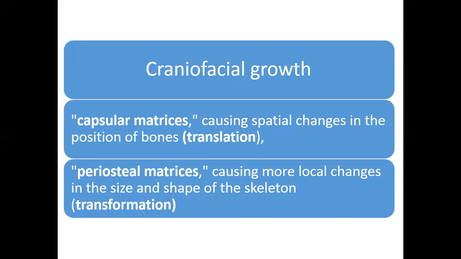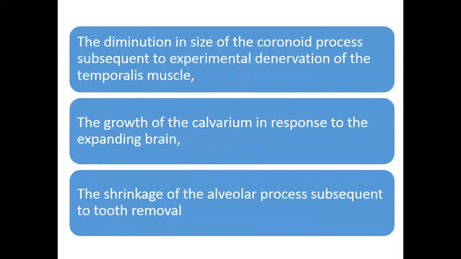Periosteal matrix will have a direct effect on the skeletal units, thereby producing secondary compensatory transformation in size and shape of the skeletal unit, whereas capsular matrices produce a secondary compensatory translation in size and shape of the skeletal unit as a result of the expansion of the orofacial air spaces.